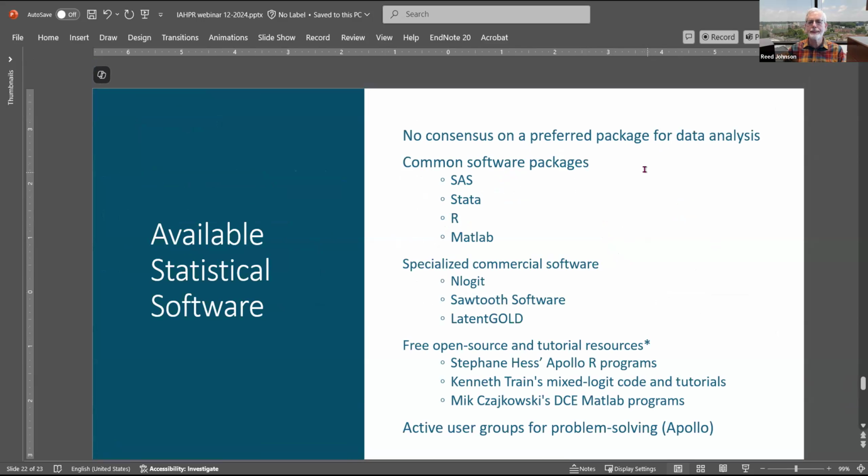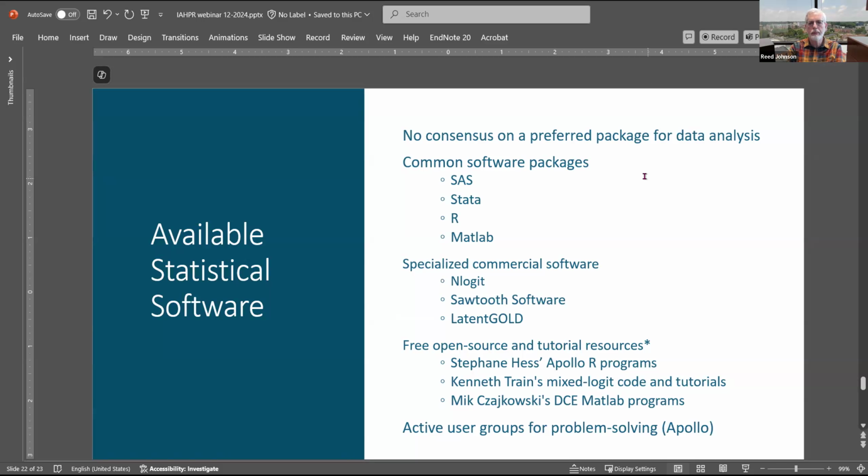There is no consensus on a preferred package. Let me give you a little advice here. If you work in SAS, then I would say just stay in SAS. There is a very good library of procedures to do all of these different kinds of specifications, the model types that I've discussed.